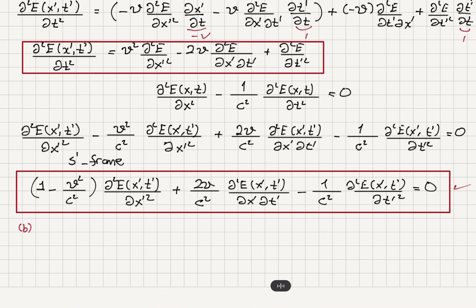Okay, now we're going to write down the Lorentz transformation equations.